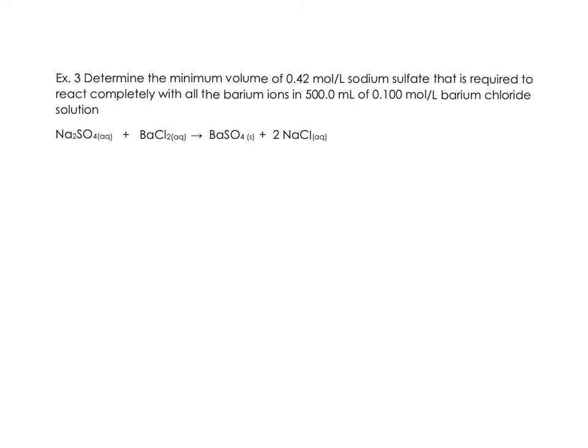Determine the minimum volume of 0.42 mole per liter sodium sulfate that is required to react completely with all the barium ions in 500 milliliters of 0.1 mole per liter barium chloride. All right, so let's first of all, just like we did before, write down what we know below the substance.